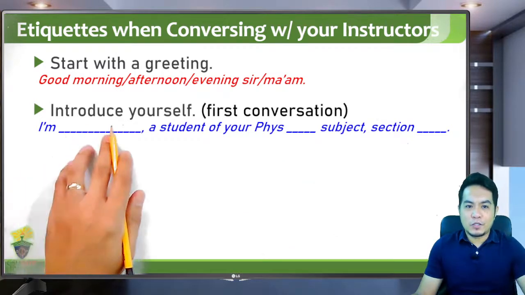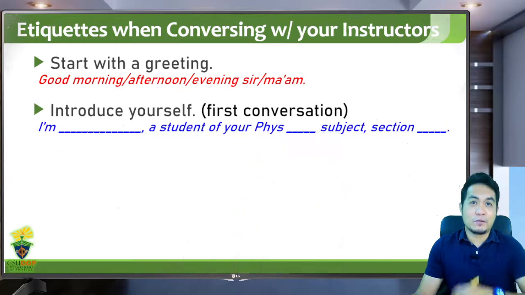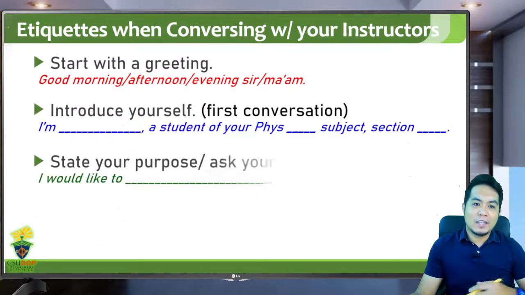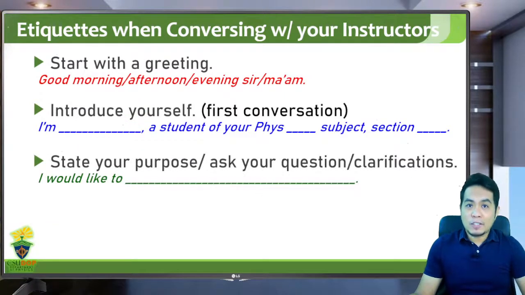"I'm your name, a student of your Physics 41 subject." This is only valid for our first conversation in a chat, because in a chat group we can just read back and see the history. So start with a greeting first, introduce yourself, and then state your purpose, ask your questions, or ask for clarification.